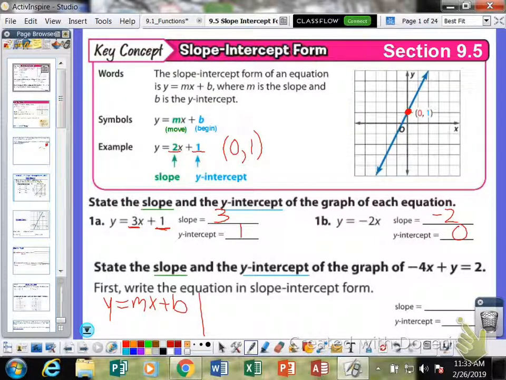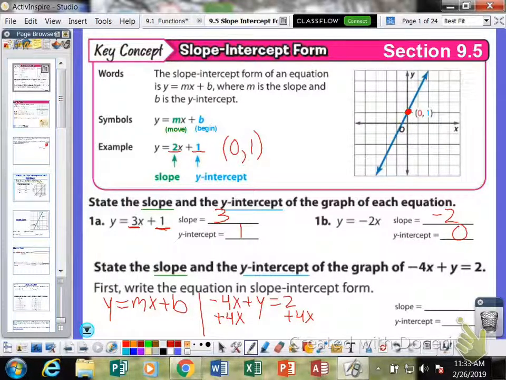So I have negative 4x plus y is equal to 2. Okay, I want it in that form of y equals mx plus b. To do that, I'm just going to add 4x to both sides to get the y by itself.